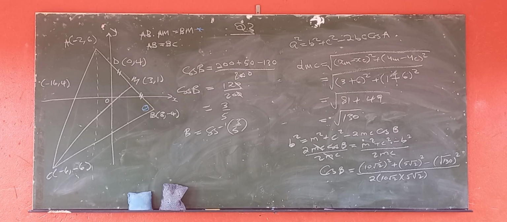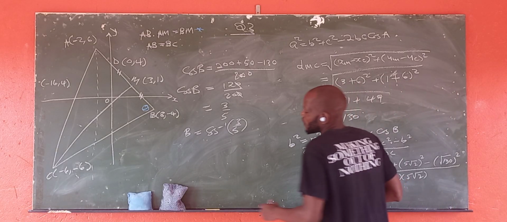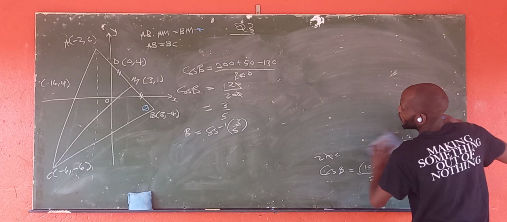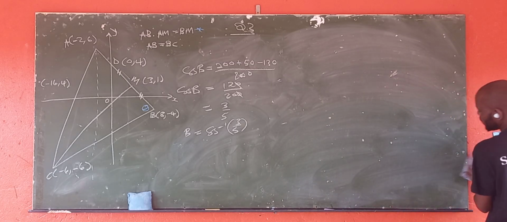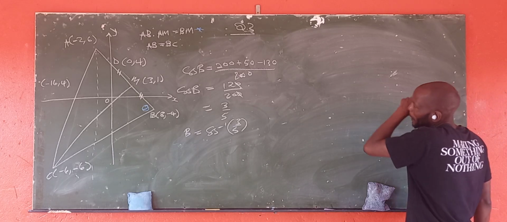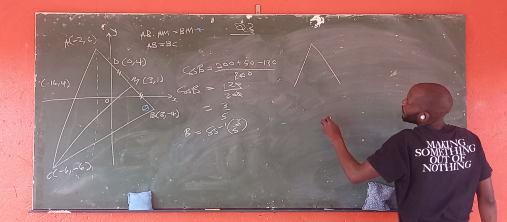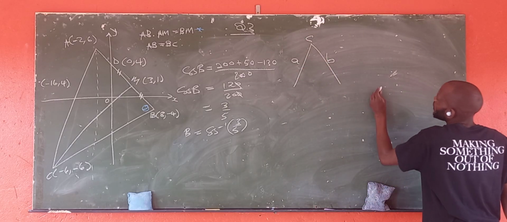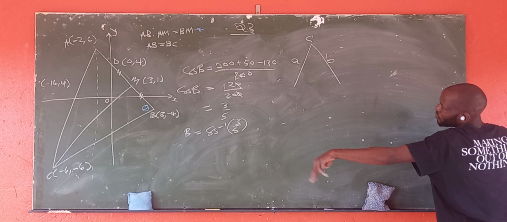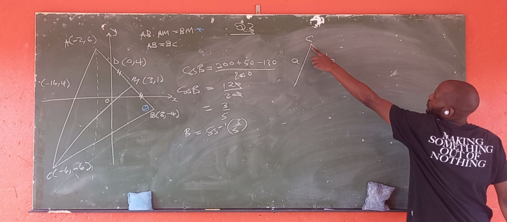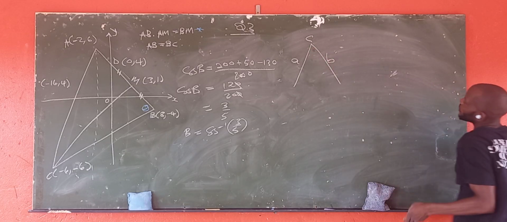Moving right along, the last question: calculate the area of ABC. Since it is not a right angle triangle, we use the area rule. We have two sides that meet at a vertex, and the included angle.